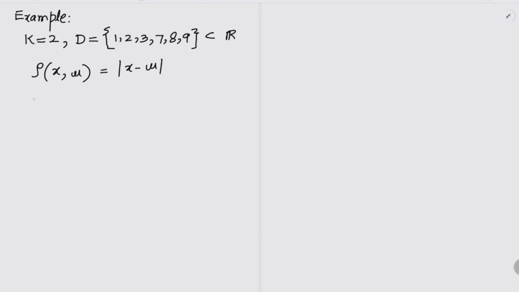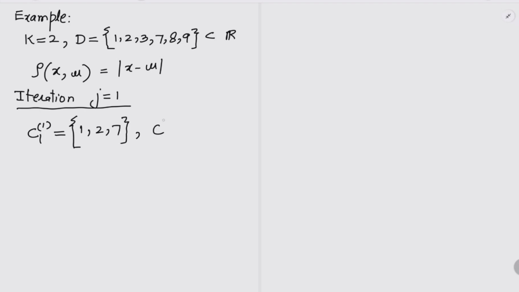And what we do is take iteration j equal to 1, and we start from some bad clustering, for example. According to the notation I already discussed, at iteration number 1, cluster number 1 is equal to 1, 2, 7.